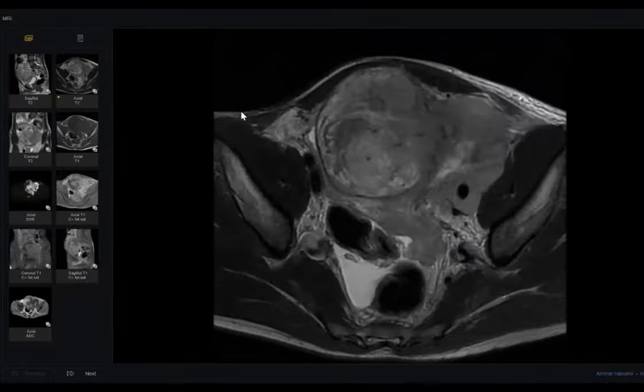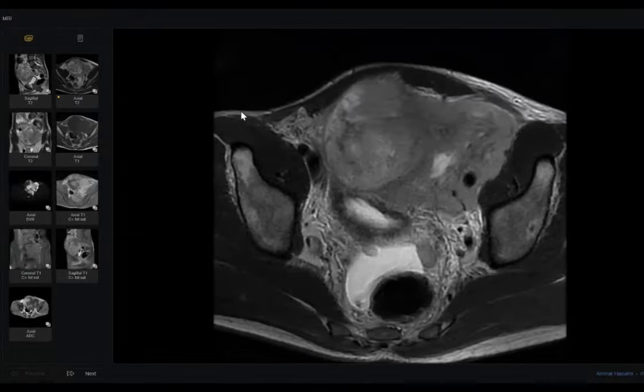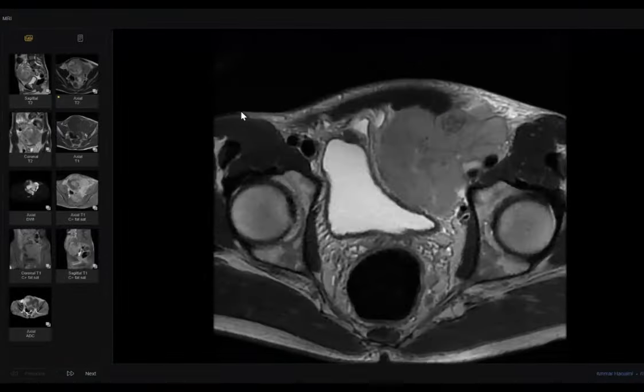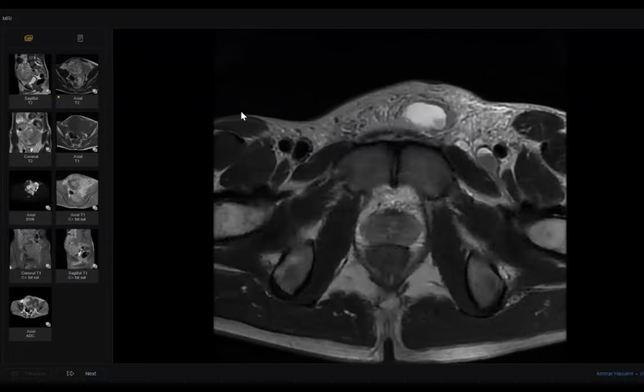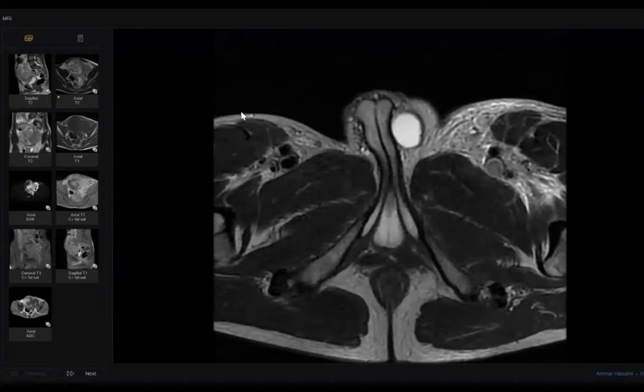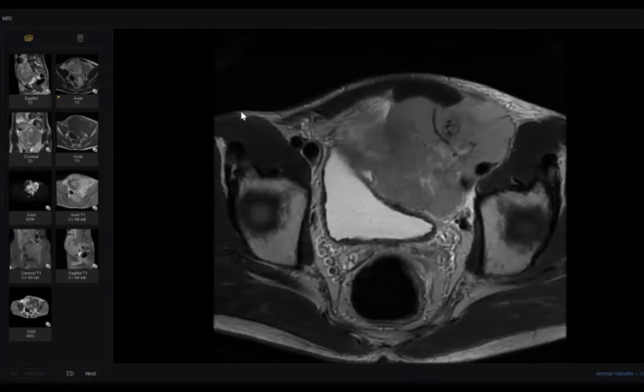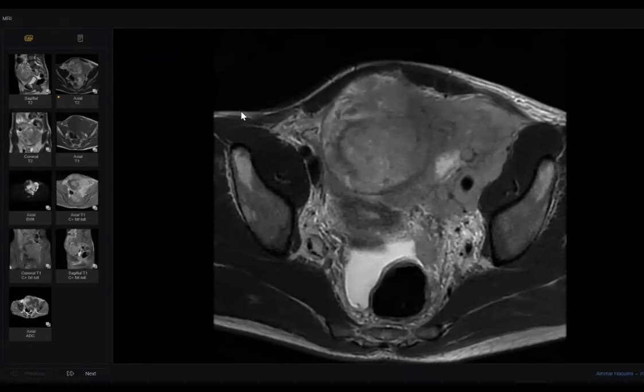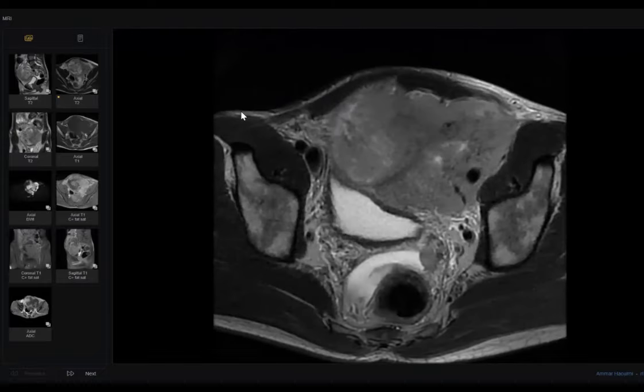I can see a heterogeneous hypointense mass lesion with a central hyperintense area, centered on the left anterior to the urinary bladder, pushing the urinary bladder posteriorly to the right side.